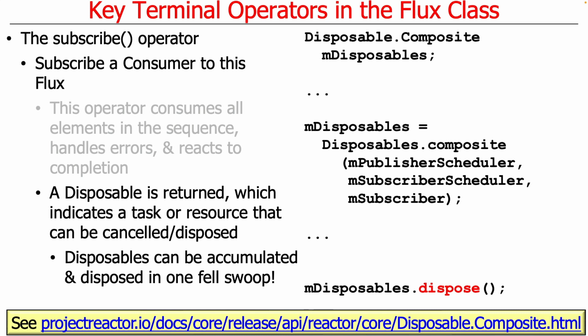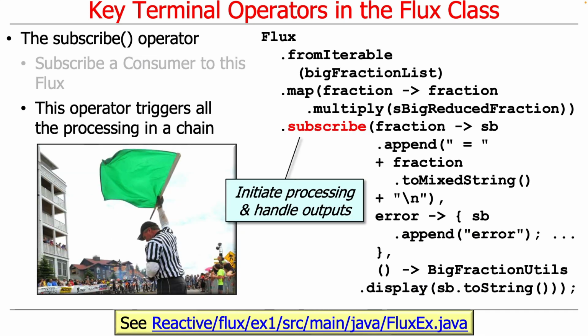And if you put a bunch of disposables into this composite disposable, which is like a collection of disposables, then all these disposables can be disposed in one fell swoop. And basically the idea here is to be able to give these resources back to the underlying Java virtual machine when we're done with some kind of Flux stream. If you fail to dispose stuff, it's harder for the garbage collector to know when these things can be collected.